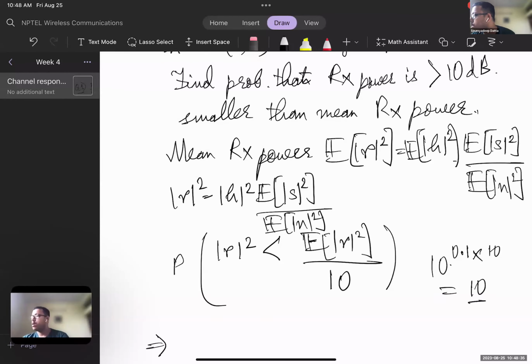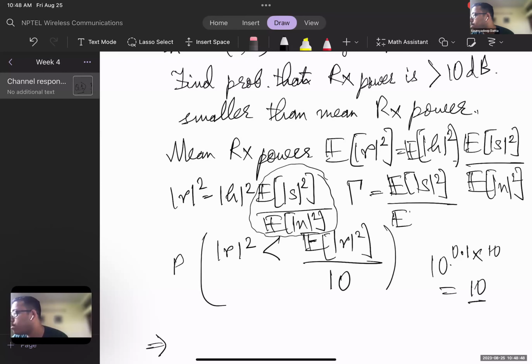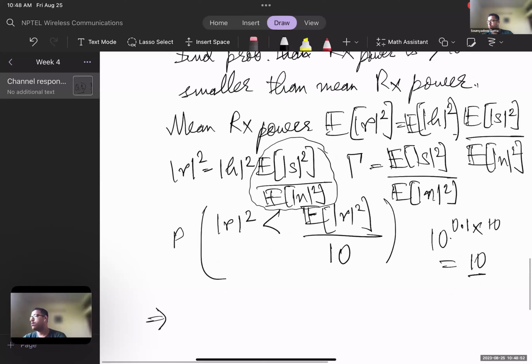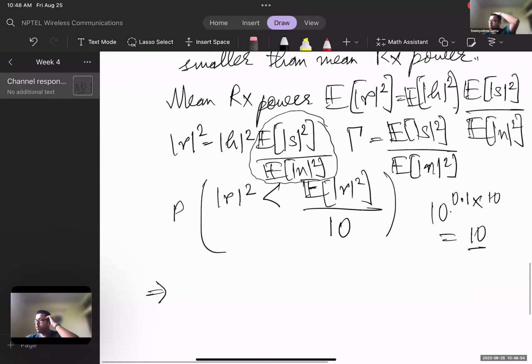And we can denote this part as some gamma, the expectation of the normalized kind of SNR, if I may call it. So we call this gamma. If I substitute, this is equal to gamma, because the expectation of mod h square is 1.